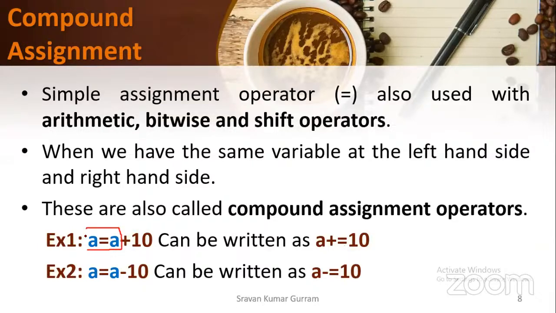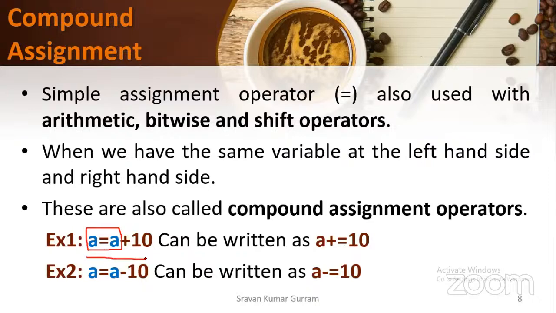We have A at the right hand side of the assignment operator, and at the left hand side we also have the same variable. When this condition is true, then only you can implement the compound assignment operator concept.